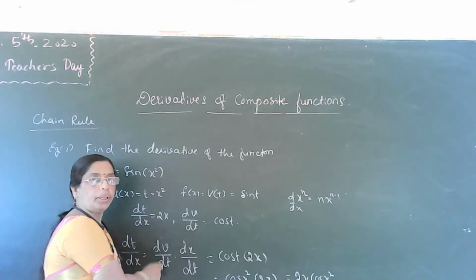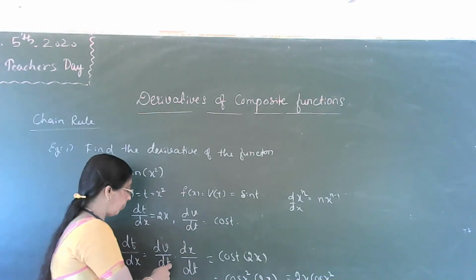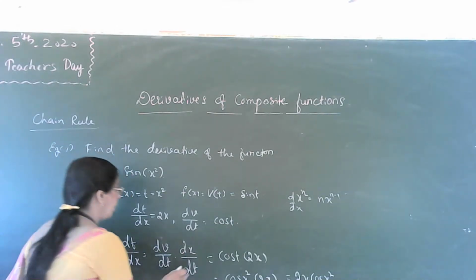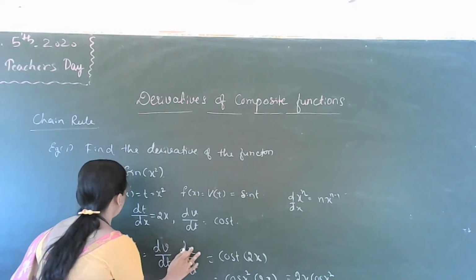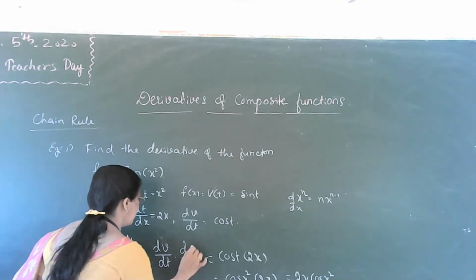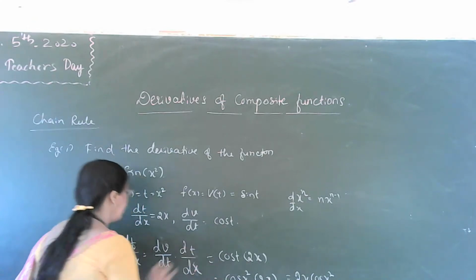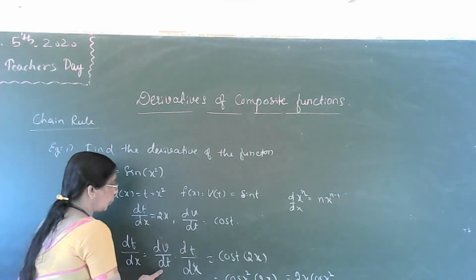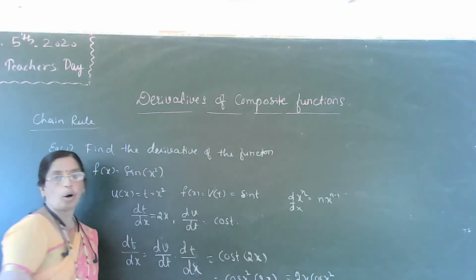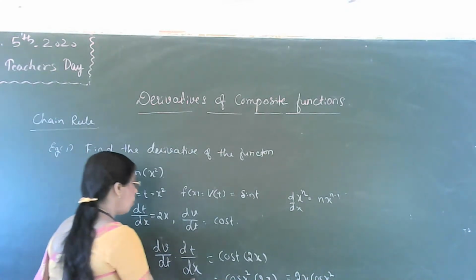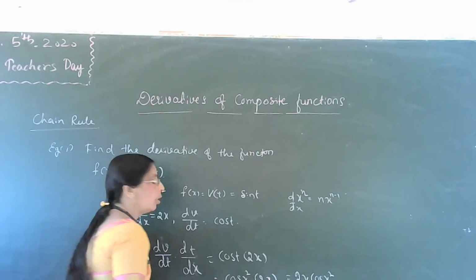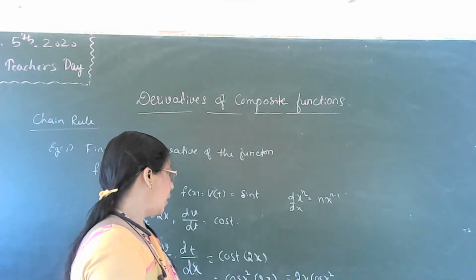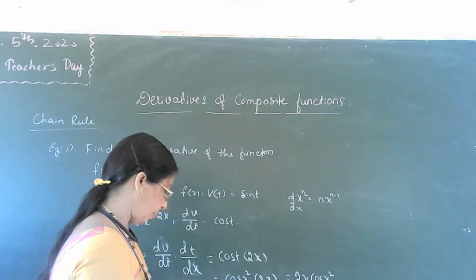Finding the derivative of v with respect to t and finding the derivative of t with respect to x, we get the solution cos t into 2x is equal to 2x into cos x square.